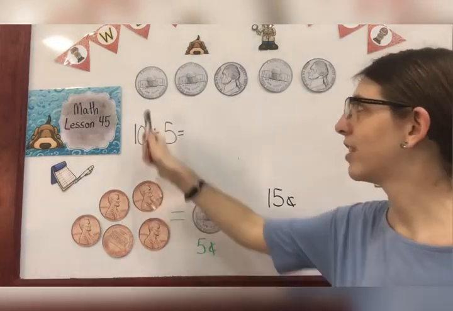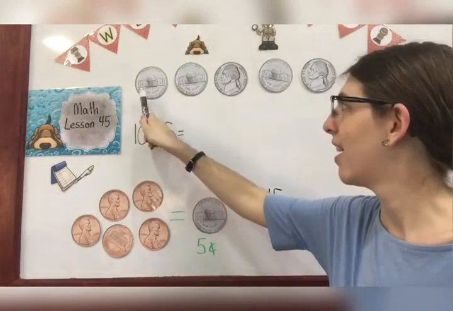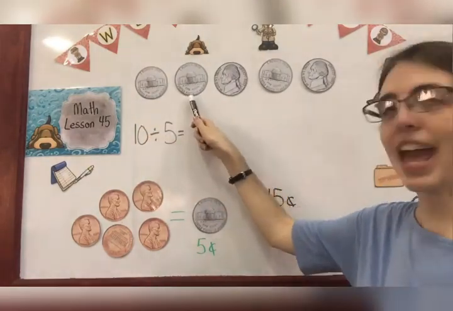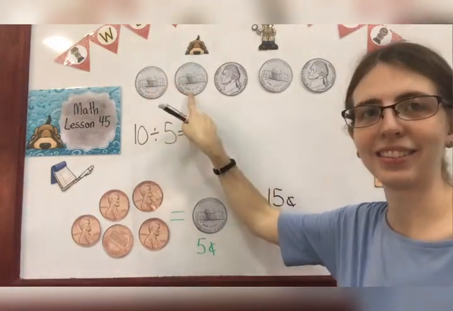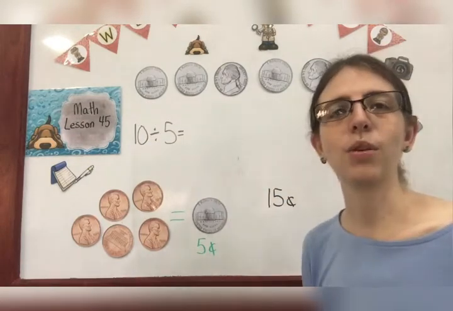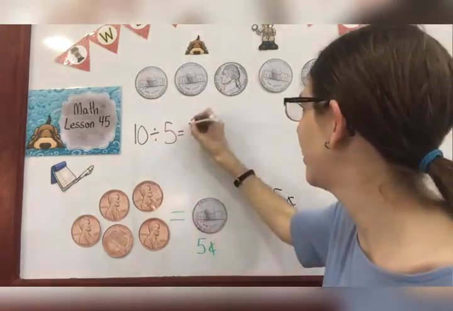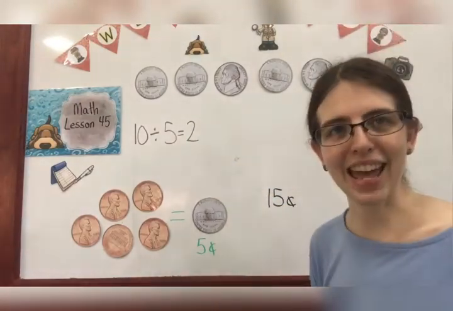So let's start. Count with me. You count on your pennies and I will count here on the board. 5, 10. I just reached 10. How many groups was that? 1, 2. So 10 divided by 5 is 2.